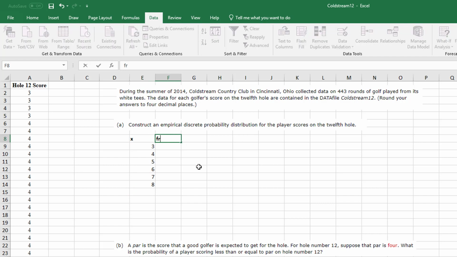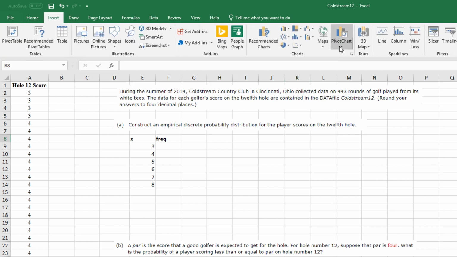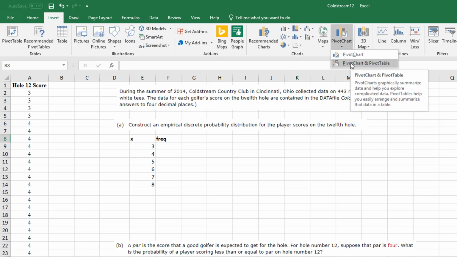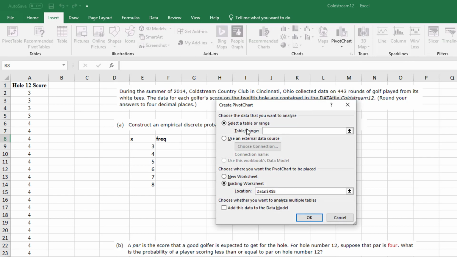Now from here, I want to find the frequency, which remember frequencies are just counts. And so I'd count 1, 2, 3, 4, and then I count 1, 2, the 4s, 1, 2, 3. Yeah, that's too much for me to count. So probably what I would do, the easiest thing and quickest, is go to Insert, add a pivot chart, pivot table, however you want to do it.